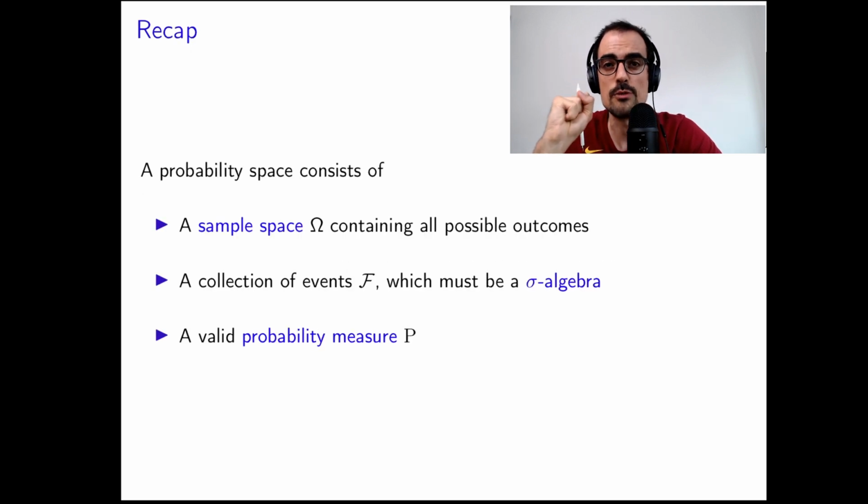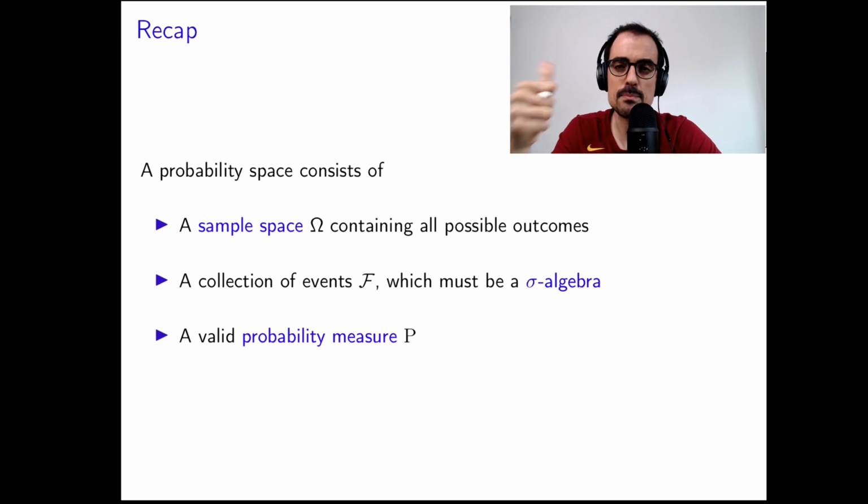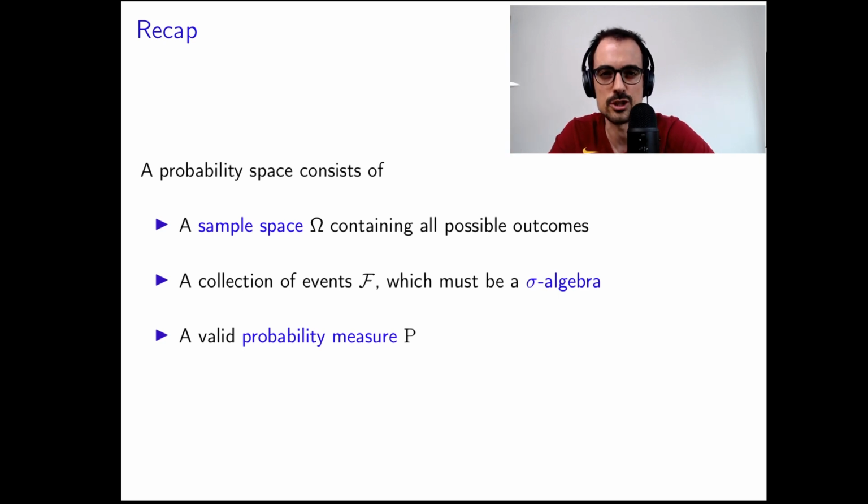Okay, so let's do a recap. A probability space consists of a sample space containing all the possible outcomes of this experiment that we're using to model a certain phenomenon of interest. It contains a collection of events which are the sets of outcomes that we're going to assign a probability to. And we saw that this collection of events has to satisfy certain properties, but those properties are essentially capturing common sense.